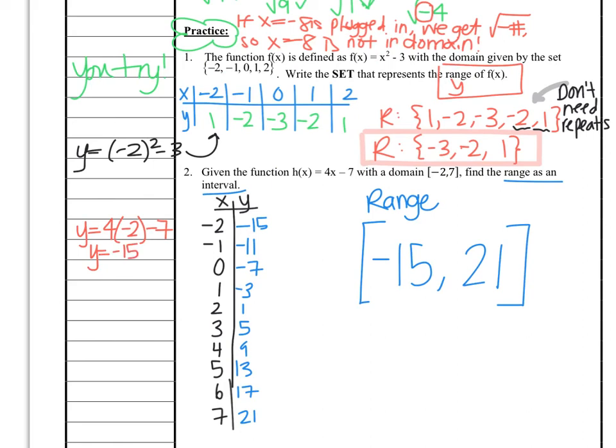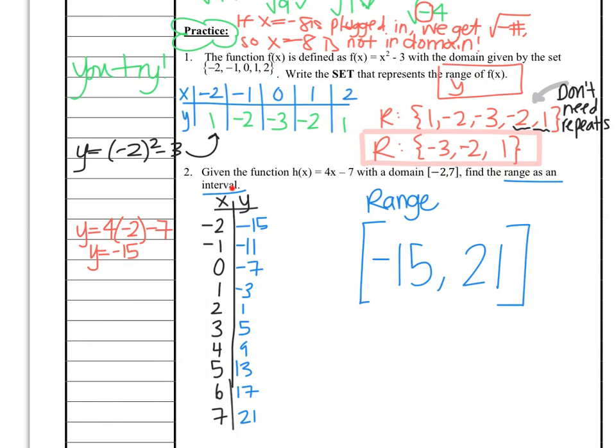I did not show the work for that, and that's okay. You can easily do this in a calculator using the graph function: type this into the graph and then pull up the table. I've got these numbers in blue as my range, my y values, and I notice that the smallest is negative 15 and the highest happens to be 21.